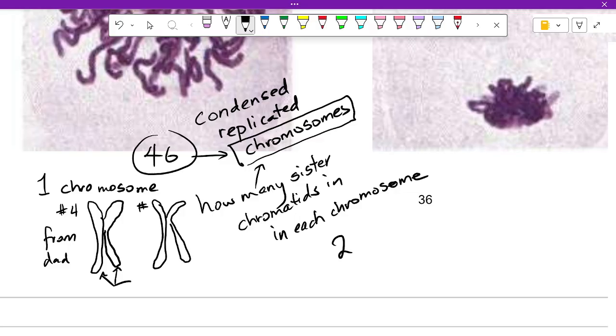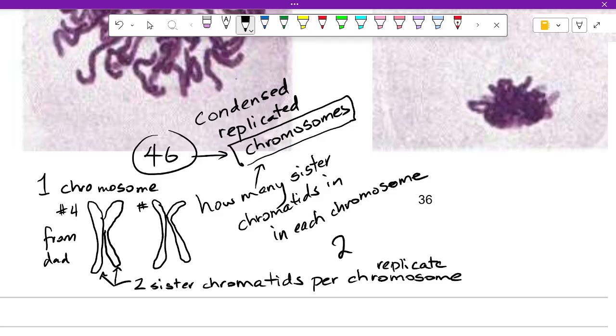Because they have been replicated, there are 2 sister chromatids per chromosome. Replicated chromosome. So there's a replicated chromosome from dad and a replicated chromosome from mom.